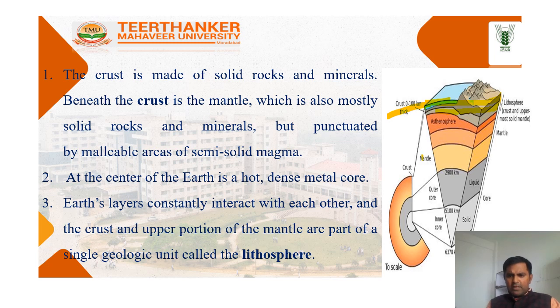And here is the core. The core is divided into two categories: one is the outer core and the second is the inner core. All these things we will describe in the coming slides. The core is the inner portion of the earth.